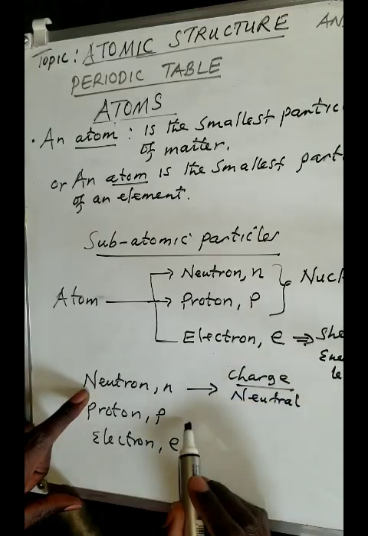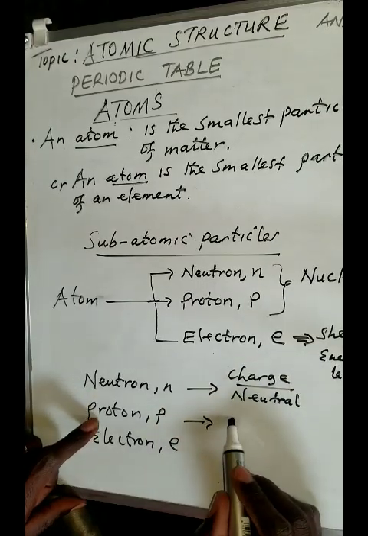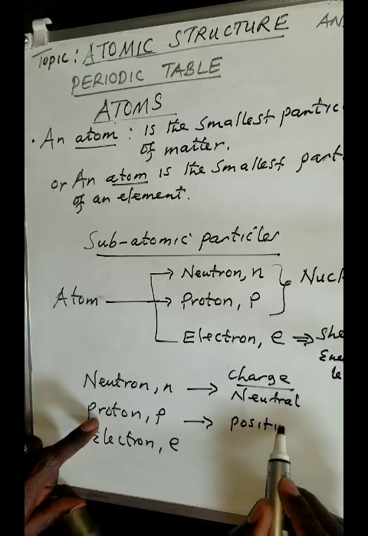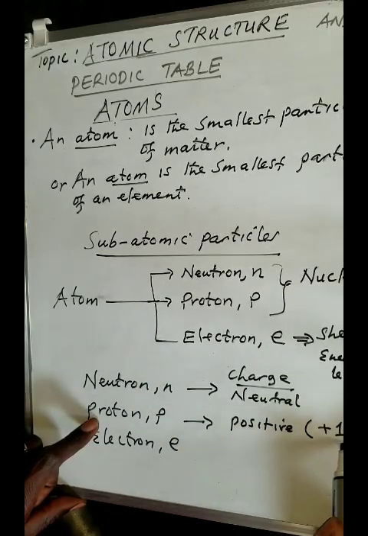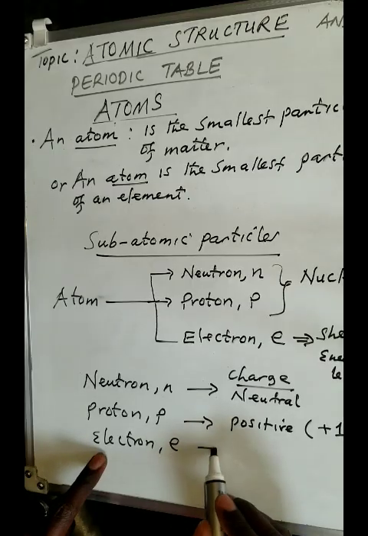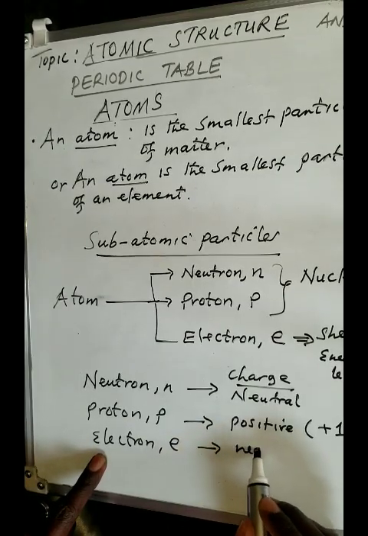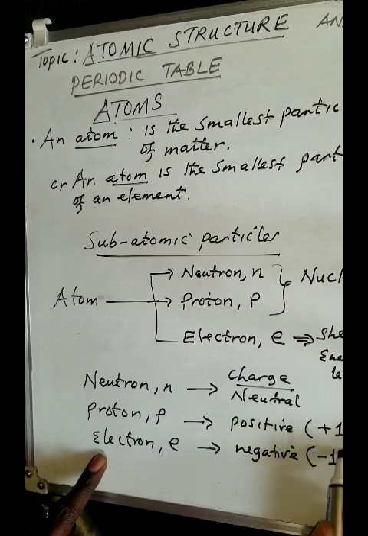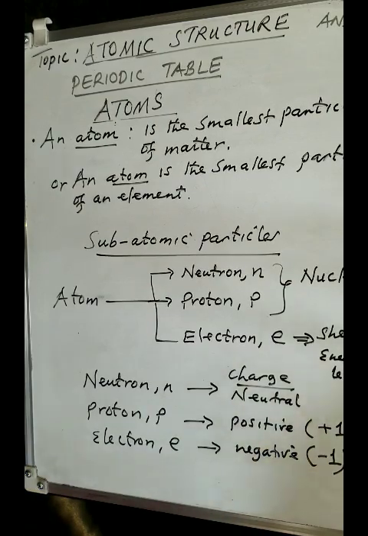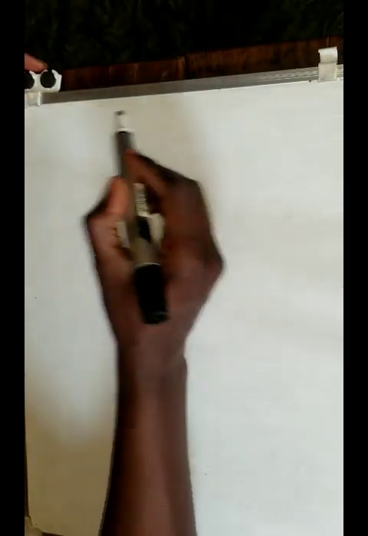They have got no charge. The protons have got a positive charge, and the magnitude of that positive charge is +1. The electrons, on the other hand, have got a negative charge, so the magnitude of that charge is -1.